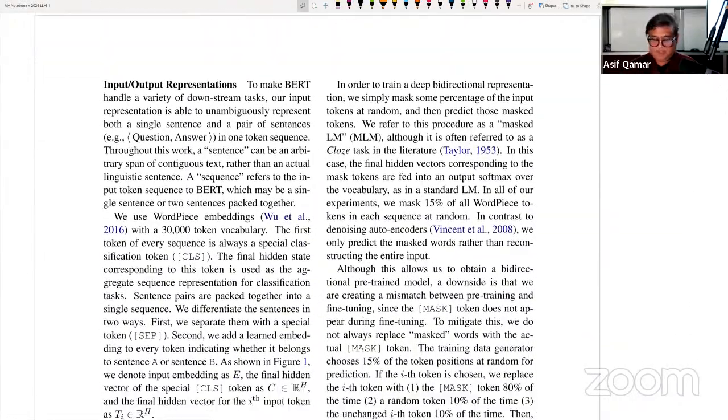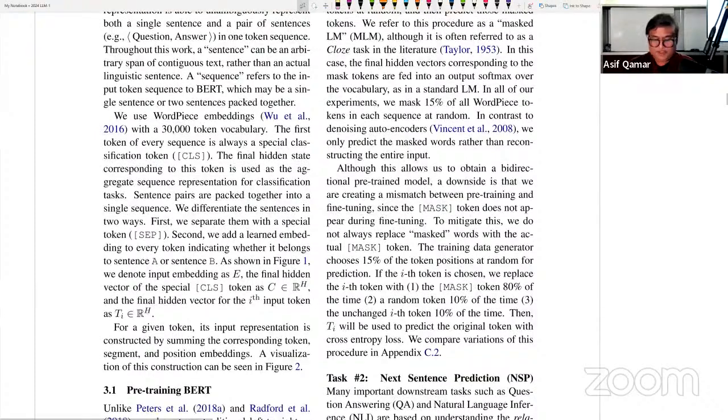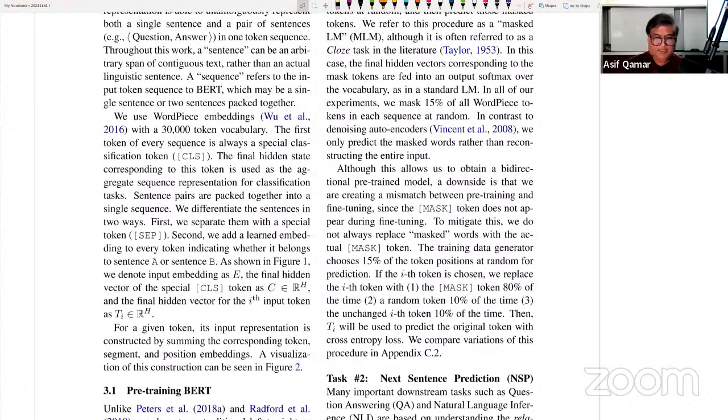The special classification token, and the final hidden state. I think that token is hardwired. They've just hardwired a set of values. It doesn't matter so long as the value remains exactly the same always. I'm pretty sure it's just hardwired.